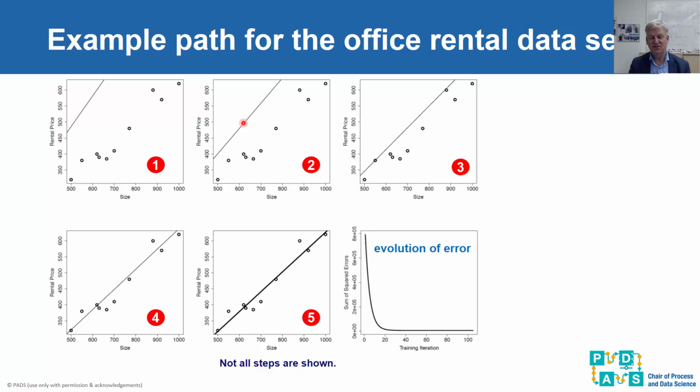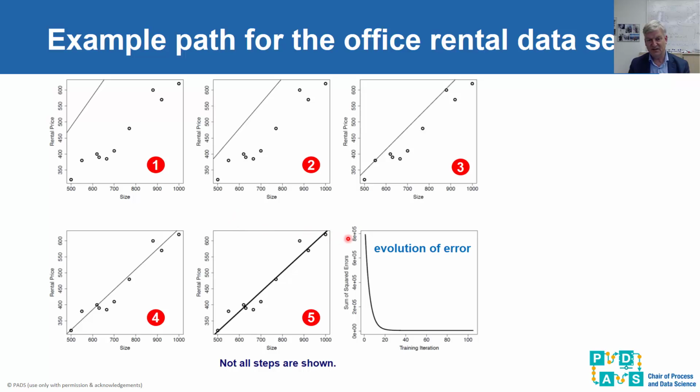So in situation 2, the error is lower, and I still know in which direction to walk. I get to situation 3, etc. So in the end, 5 is the position where the derivatives are equal to 0. So we can no longer improve because we have found the global minimum for the error.